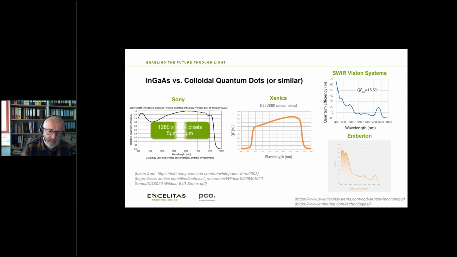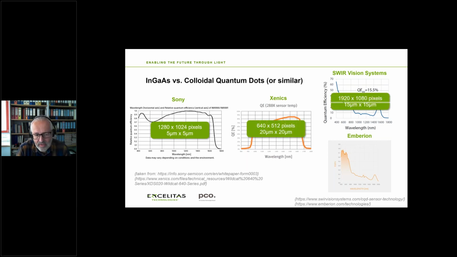And just to remind you, the new Sony sensors have a resolution of 1280 by 1024 pixels at a 5 micron pitch, while the classical InGaAs sensors had 20 microns, 25 microns, 15 microns, and the quantum dot sensors are also in the range of 15 microns and 20 microns, quite large.